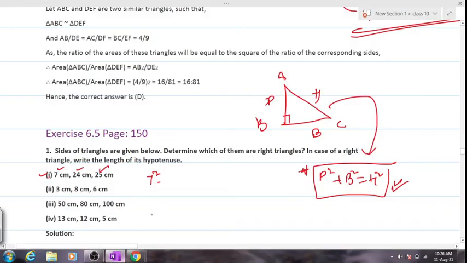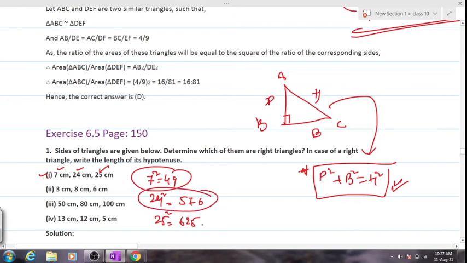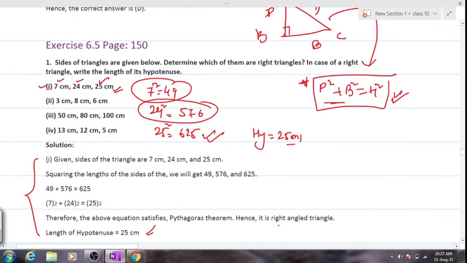Just a moment. 7 square was 49. 24 square is how much? 576. 25 square is 625. So we see that 7 square plus 24 square gives us 625. So this condition is being satisfied. So we'll say that this is forming a right angle triangle, and the hypotenuse is how much? 25 centimeter. Is it clear? The first numerical, is it clear to everyone?